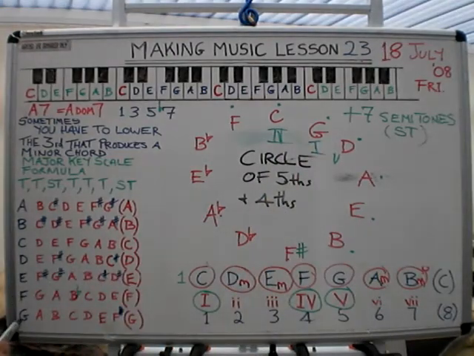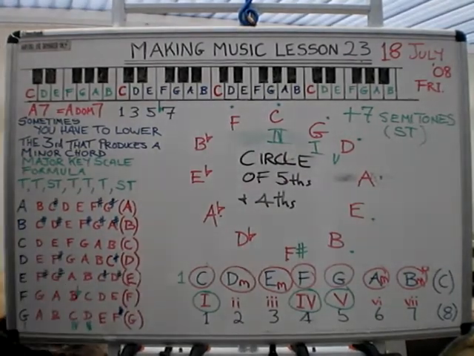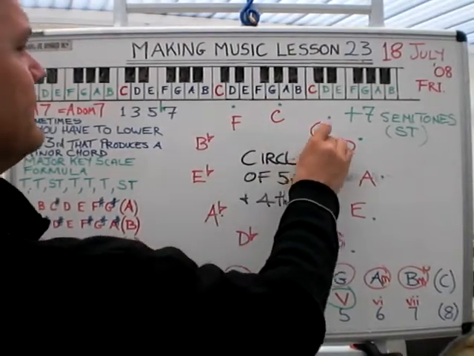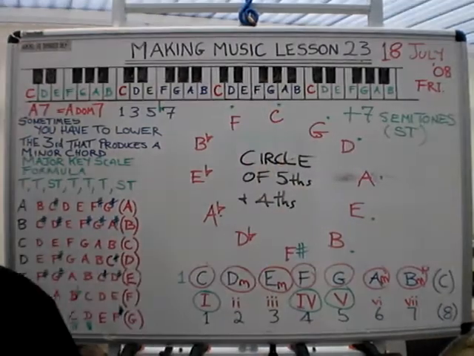So G, you've got 1 there, that's your 5th position, and there's your 4th. So the 1, 5, 4. I'm going to leave this down here, because this works the whole way around. I'll just do a few more, it just reiterates where we are.